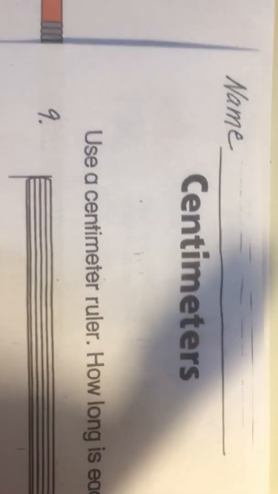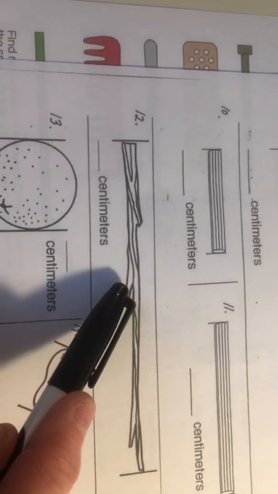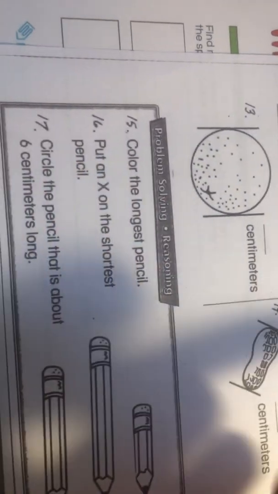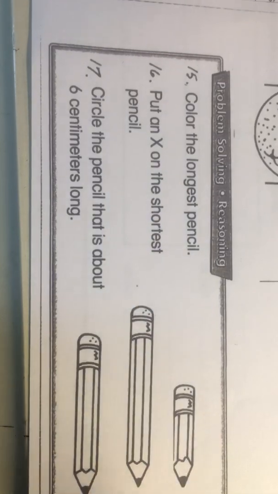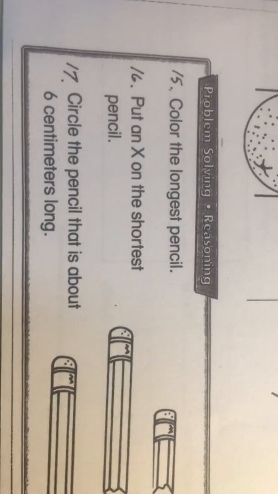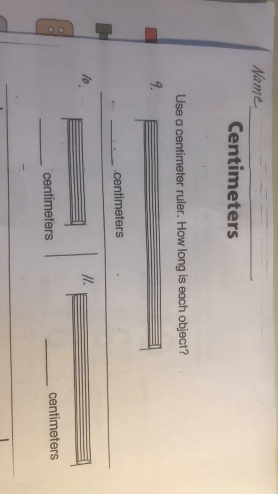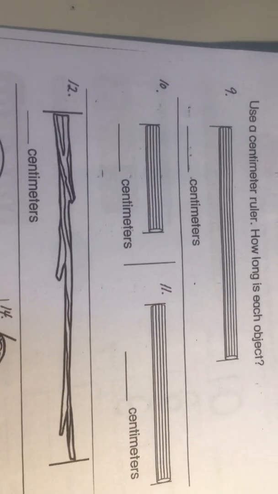You're going to write your name and number at the top of the paper, and then use the centimeter ruler to measure the rectangles, the twig, the orange, the peanut, and then at the bottom it says circle the longest pencil, put an X on the shortest pencil, and circle the pencil that is about 6 centimeters long. When you're done, please have your mom or dad send me just this paper. You don't have to send me this paper unless you really want to. So have fun measuring centimeters.